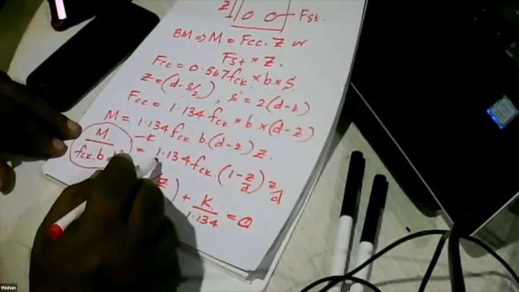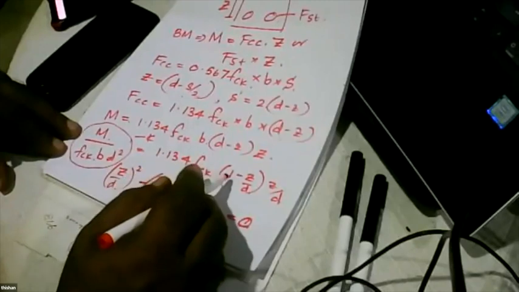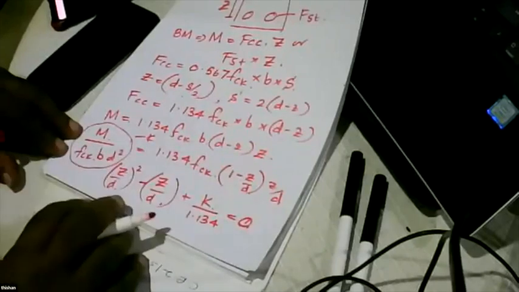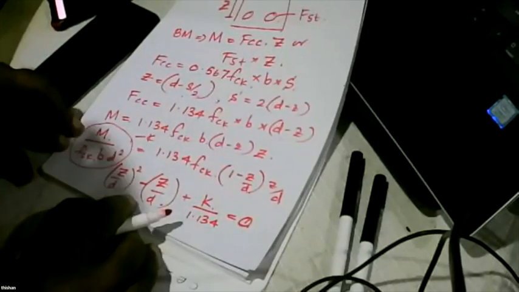And that is equal to 1.134 FCK times 1 minus Z over D times Z over D, because I have divided both sides by D squared.